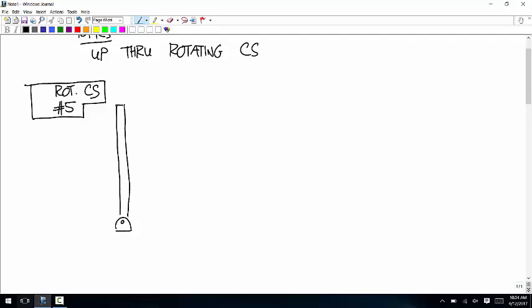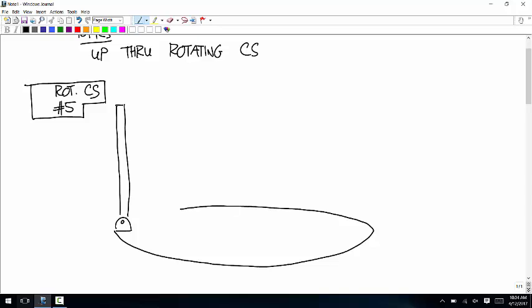Okay, so you got the arm. It specifies a coordinate system. I guess that's a pretty natural coordinate system, though.